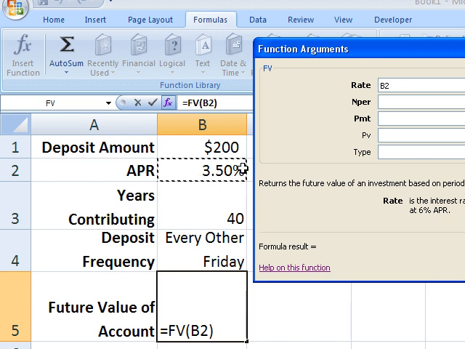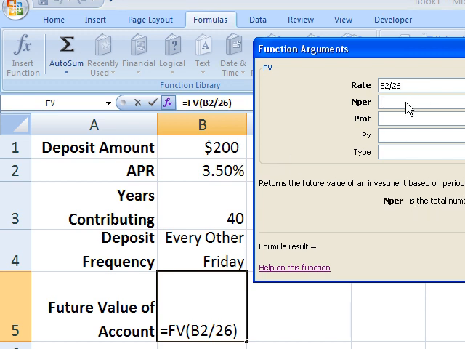However, I'm going to be putting my money in on a frequency of every other week. So I have to get that annual rate broken into an increment that's equal to every other week. There are 52 weeks in a year, so I'm going to assume if I divide that rate by 26, I'll be in an every other week rate.